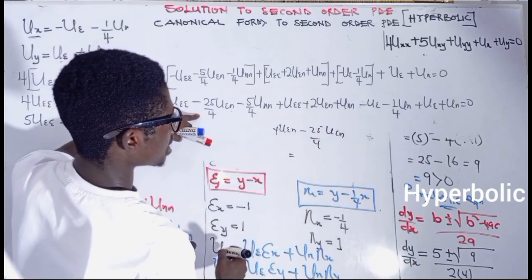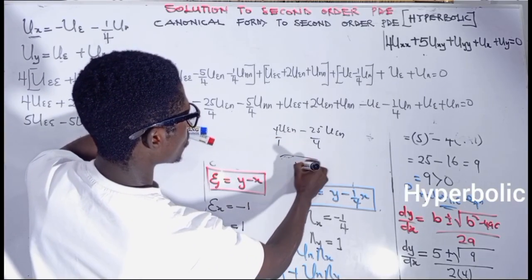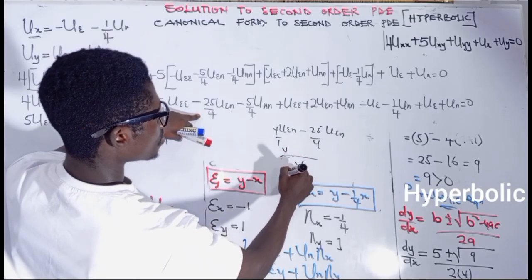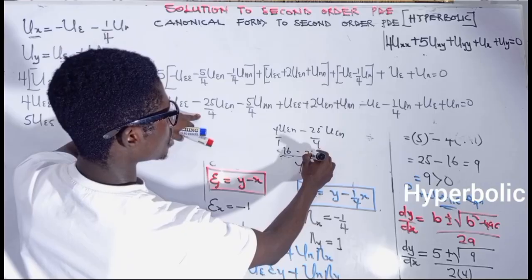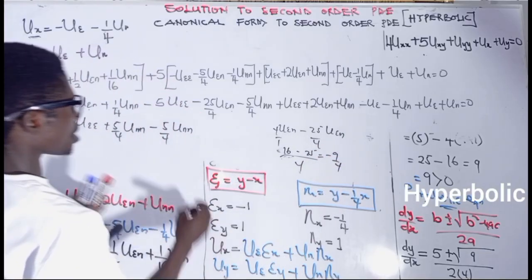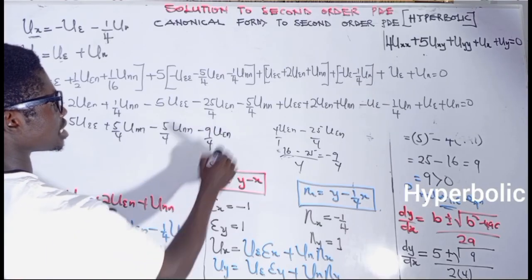And when you do the algebra, you are going to get, let's say, 4 times 4 is 16, so 16 minus 25. And that is going to give us minus 9 over 4, so we have minus 9 over 4 u_xi_eta.